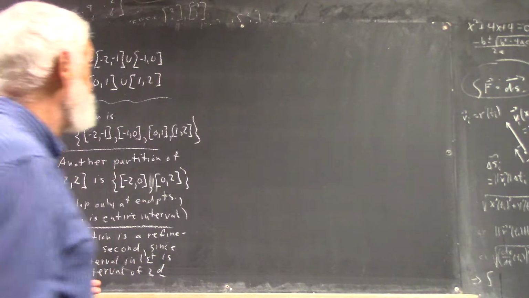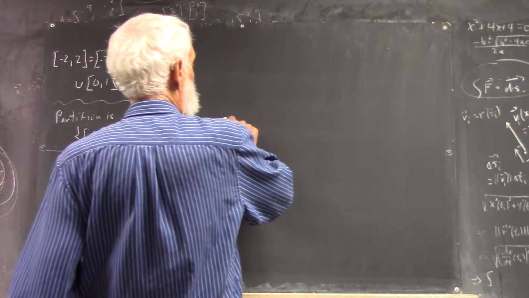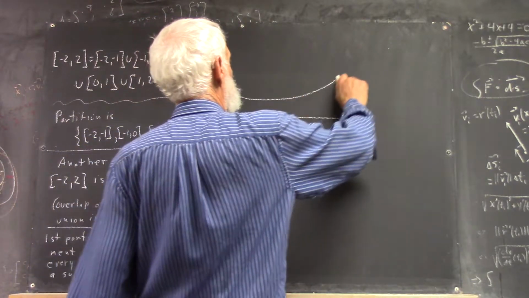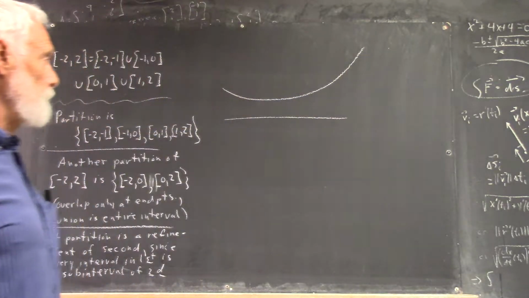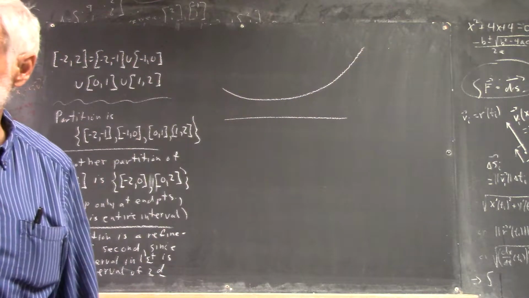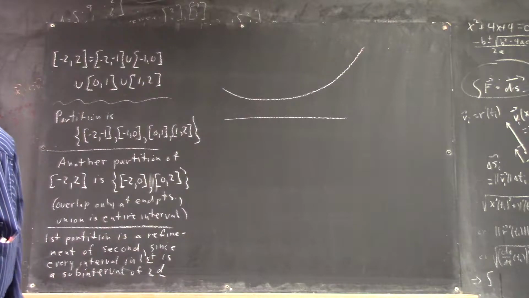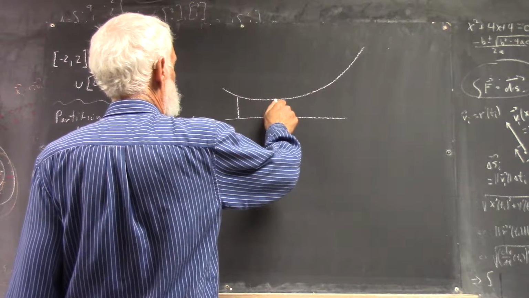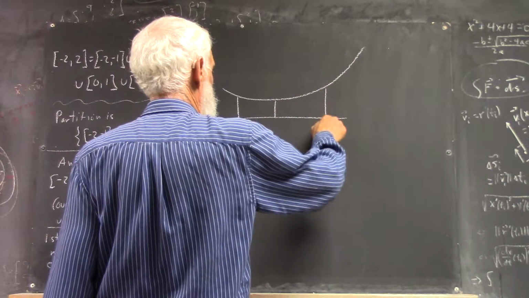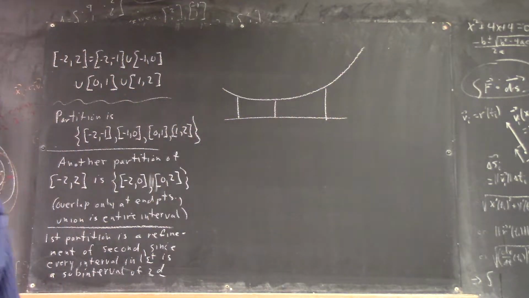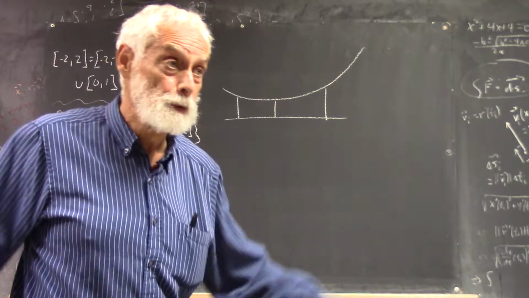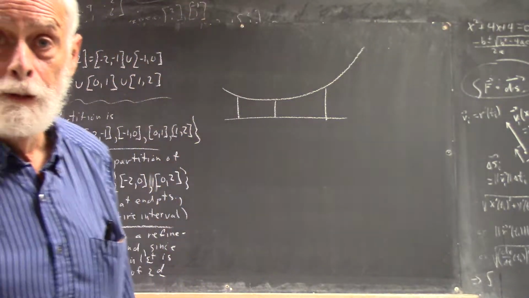Now this is no longer an exponential function. It might not be an x squared function either. But here's a partition, right? Whatever these numbers are and whatever this thing is, that represents a partition.